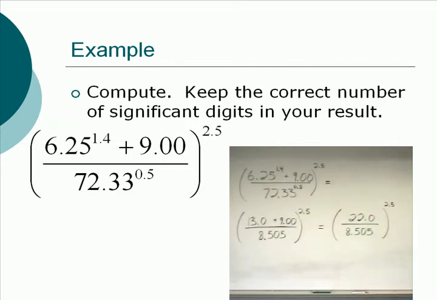Now, of course, we need to divide those.